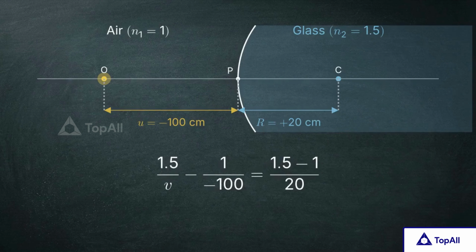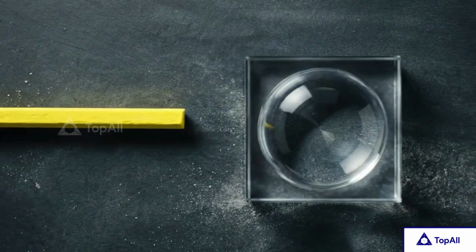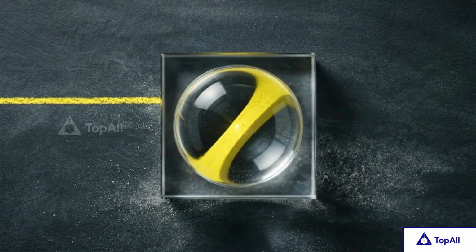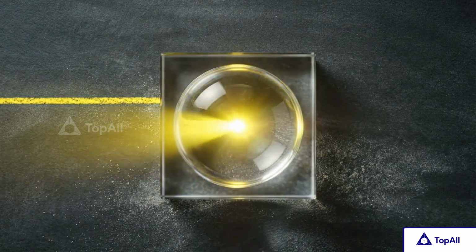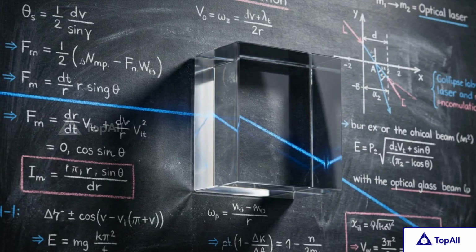Simplifying the fractions gives us 1.5 over v plus 0.01 equals 0.025. Isolating the image distance, v, yields a result of positive 100 centimeters. This indicates the light rays will converge to form a real image exactly 100 centimeters deep inside the glass medium. The algebraic derivation perfectly maps to the physical behavior of the light.